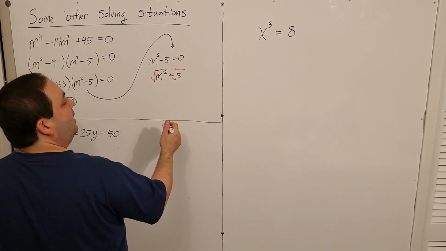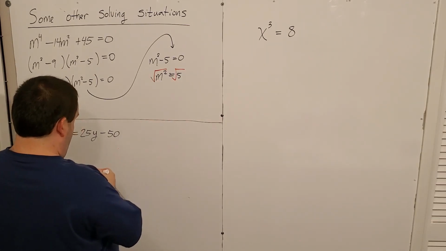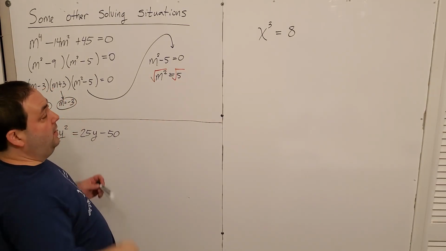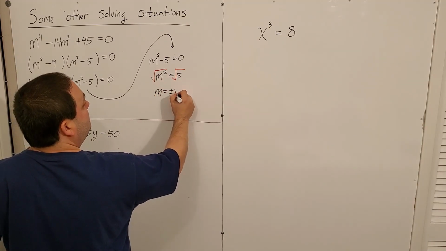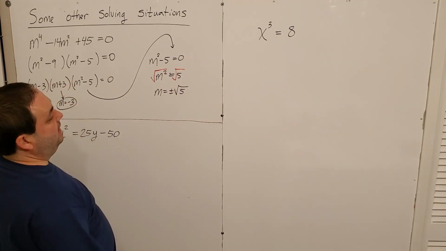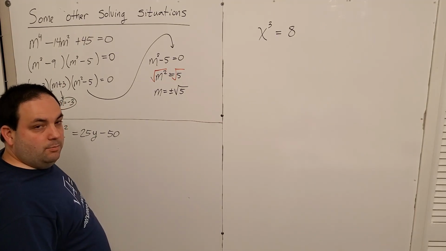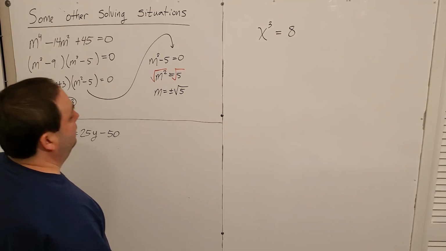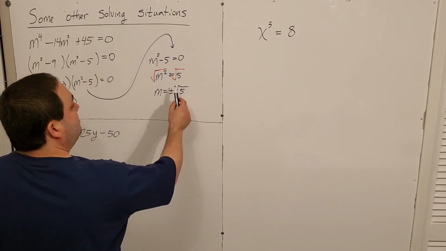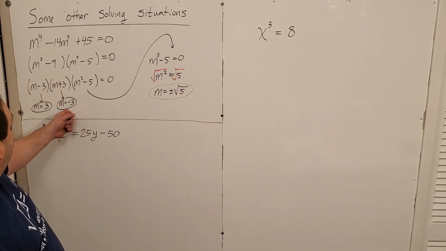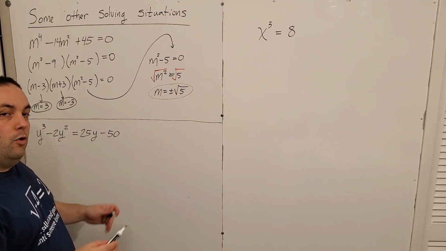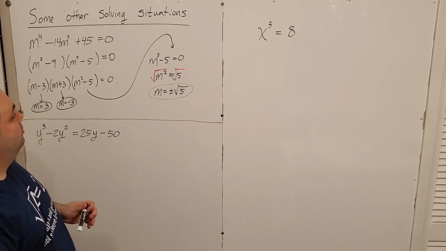And his buddies are plus and minus. So m equals plus or minus square root of 5 in this case, which I can't simplify without plugging it into a calculator. I want you to notice that this is actually 2 answers, and then here's 2 more, for a grand total in that case of 4 answers.